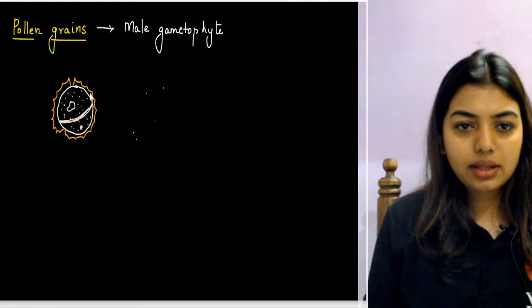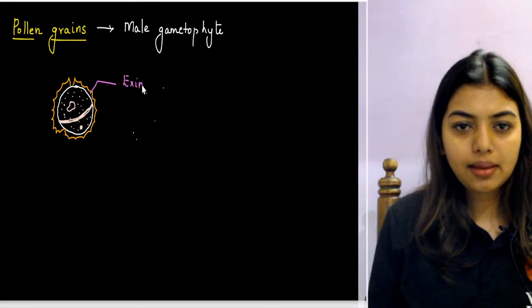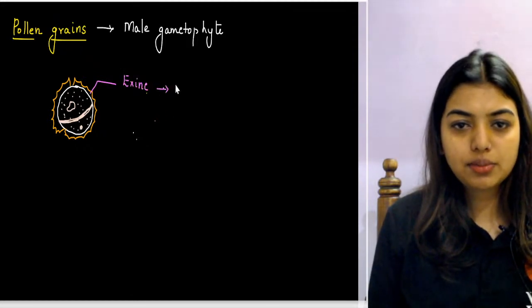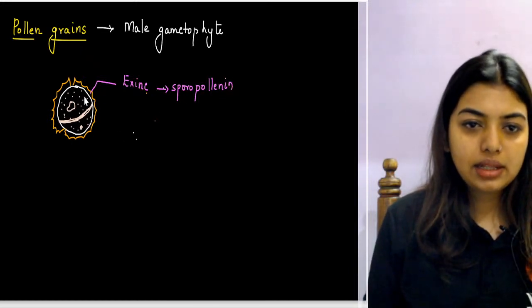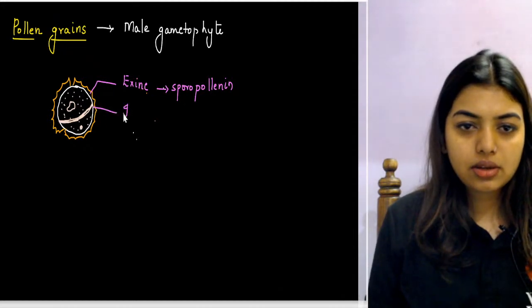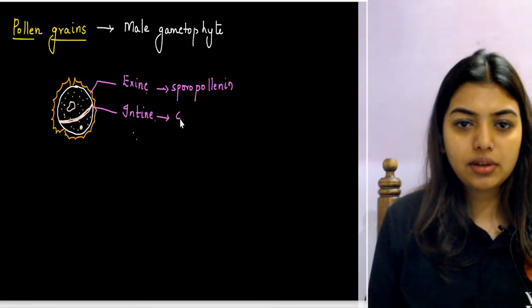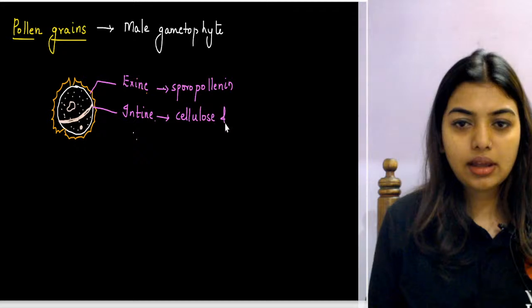This outer layer is the exine, which is made up of sporopollenin. Then the inner layer is called the intine, which is made up of cellulose and pectin.